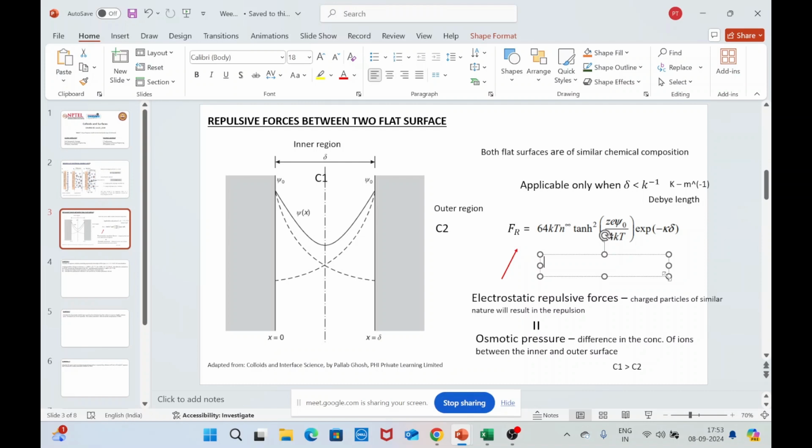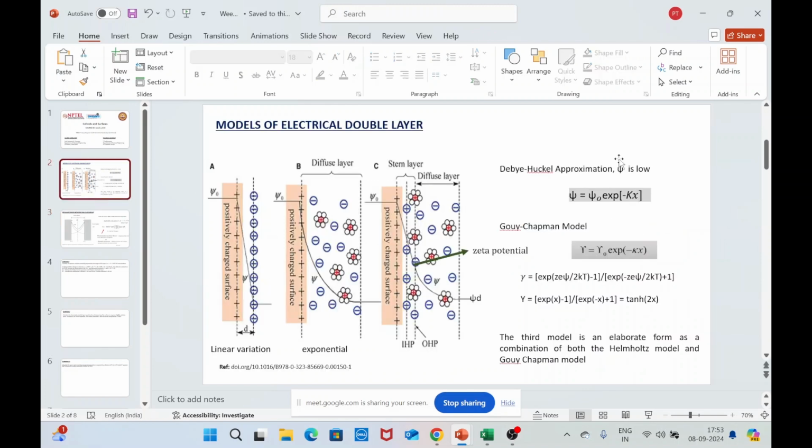So that is nothing but F_R equals 64 kT n gamma square exponential minus kappa times delta.